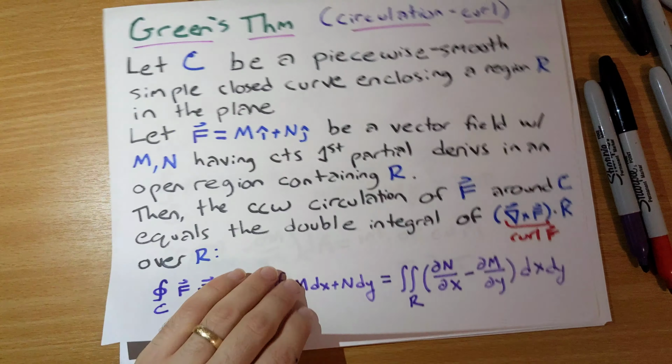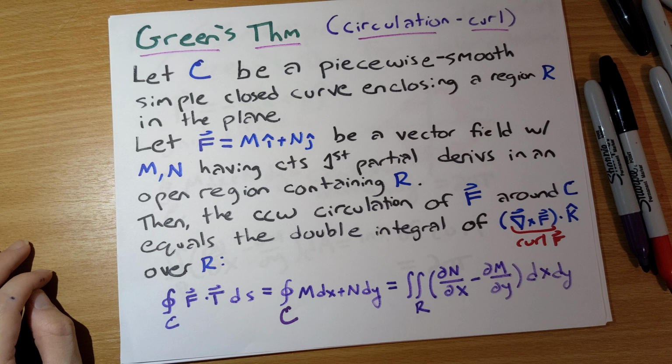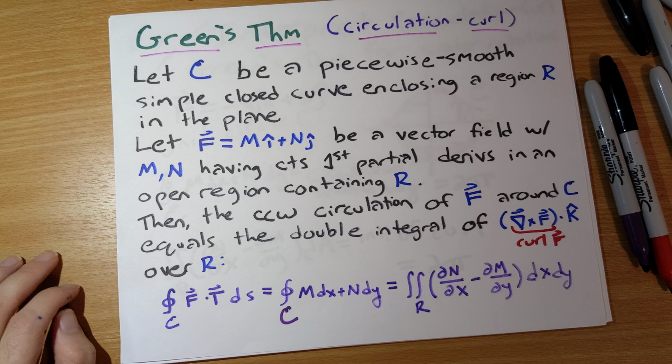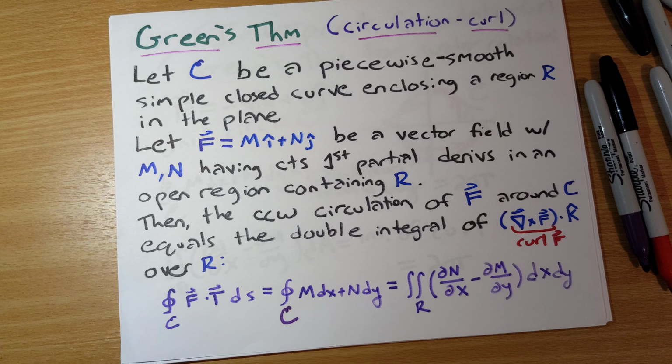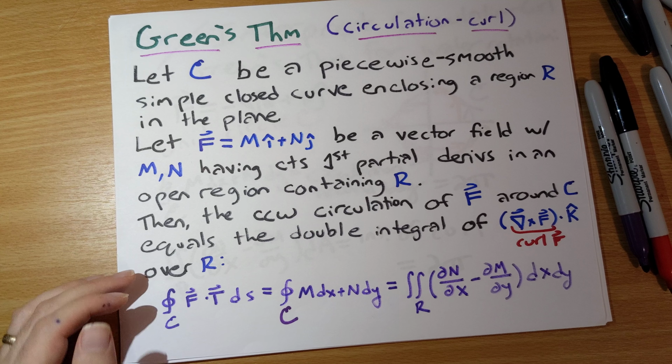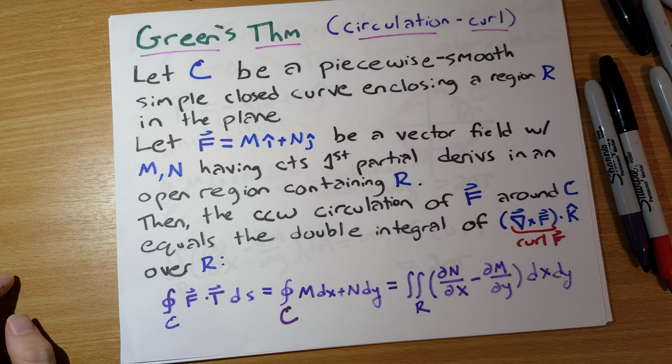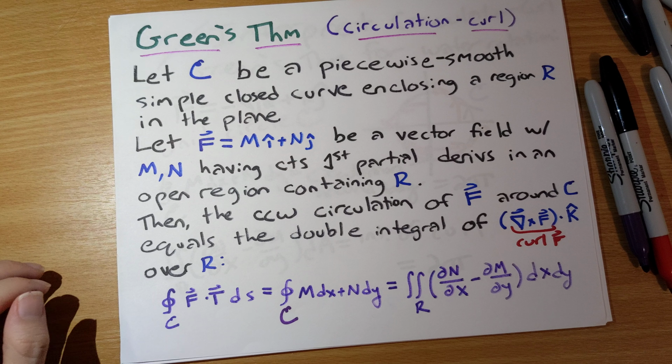And so Green's theorem, accordingly, shouldn't be too surprising. Okay, so this is the circulation curl version of Green's theorem. We will definitely verify and apply this in future videos. Let's wrap up this video. Next video, we'll see the other form of Green's theorem.